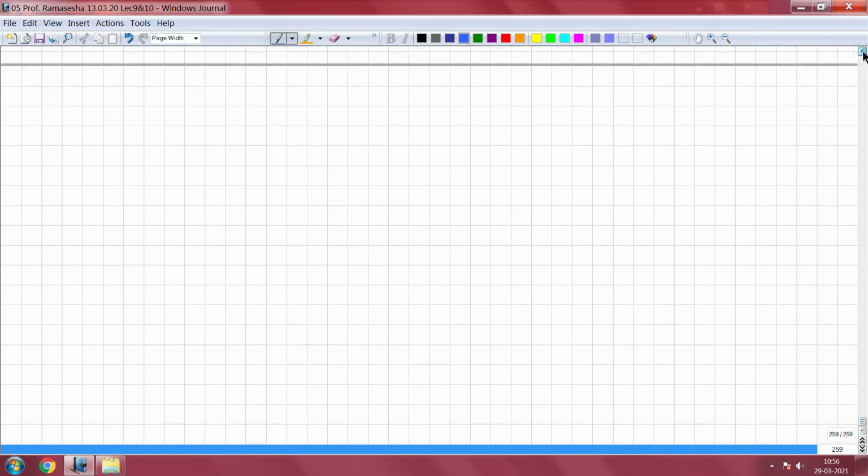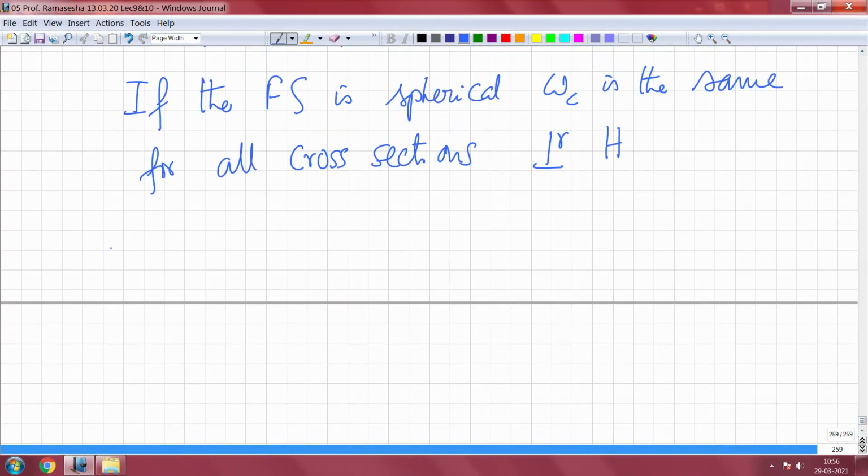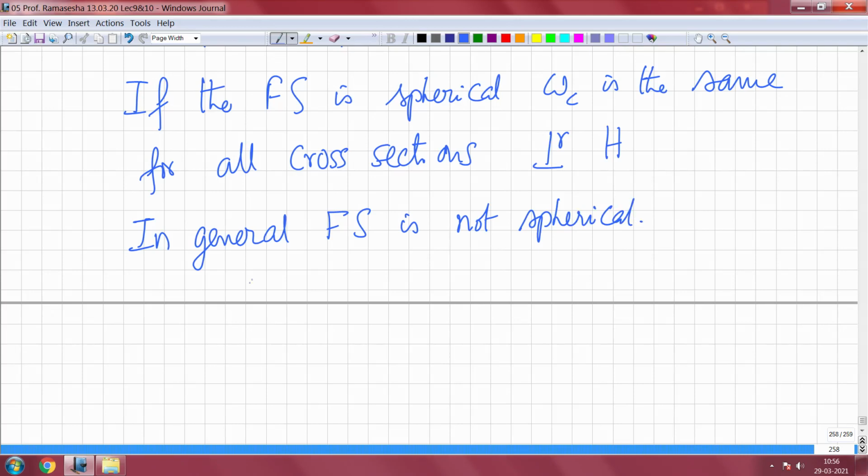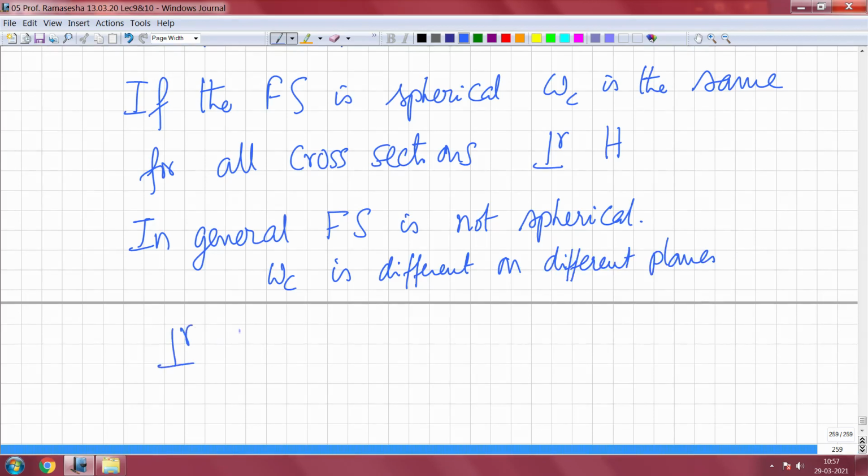But in general the Fermi surface is not spherical. So when the Fermi surface is not spherical, then omega c is different on different planes perpendicular to H.